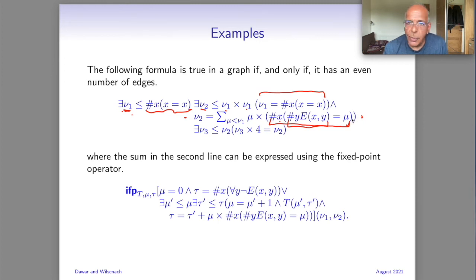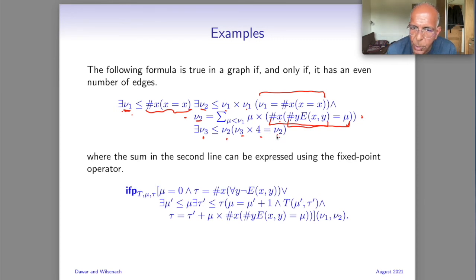And the sum of degrees of all the vertices is exactly twice the number of edges. I want to say the number of edges is even. That's the same thing as saying that nu2, which is twice the number of edges, is a multiple of 4. And that's what I say here. There is some nu3 less than or equal to nu2, which when multiplied by 4 gives you exactly nu2.